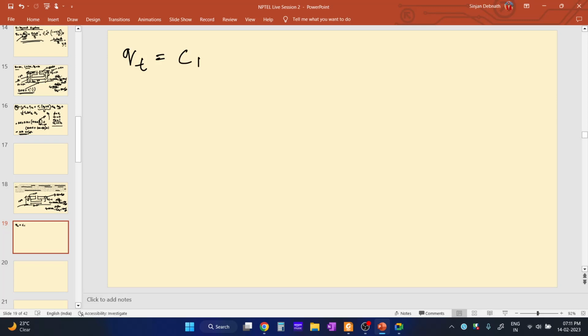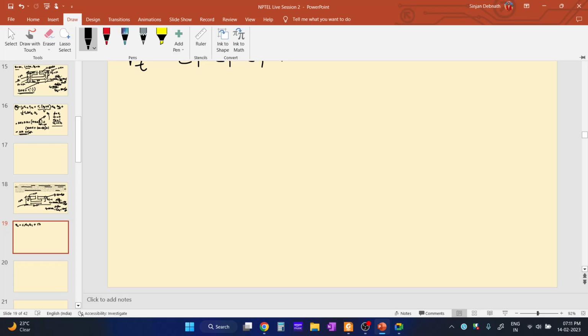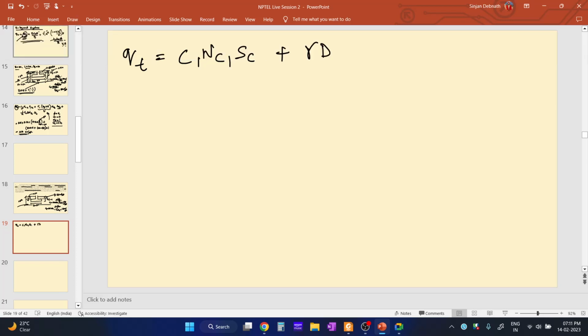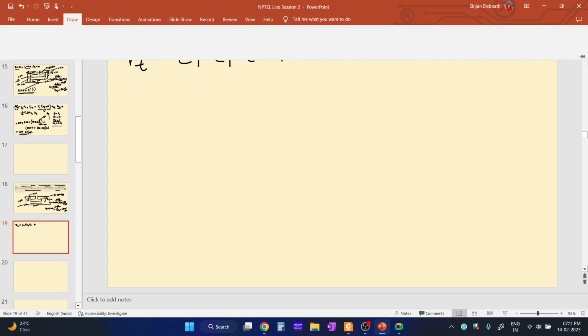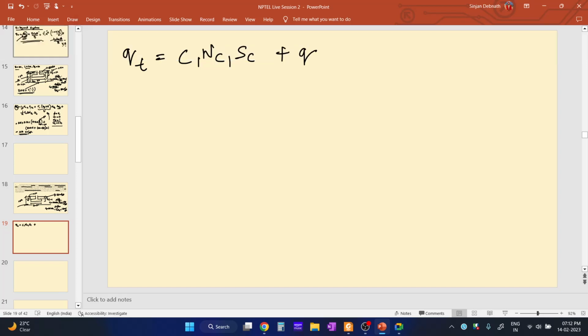That is C1 NC1 SC1 plus gamma, let me denote it by Q, so Q into NQ1 SQ1, plus the third term, half into gamma 1 B N gamma 1 S gamma 1.